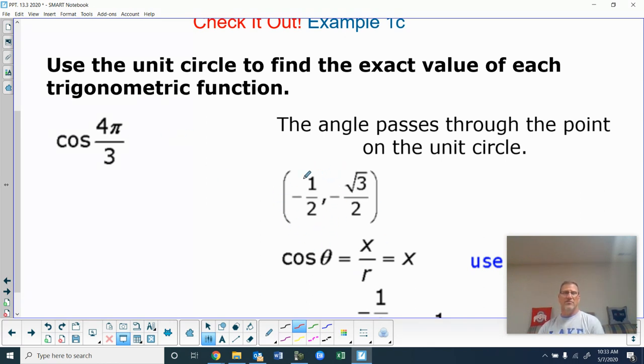So it's negative 1/2, what our answer is. Take my word for it.